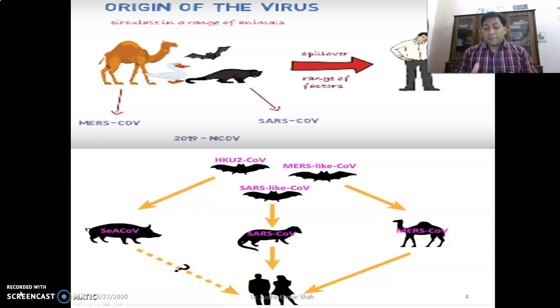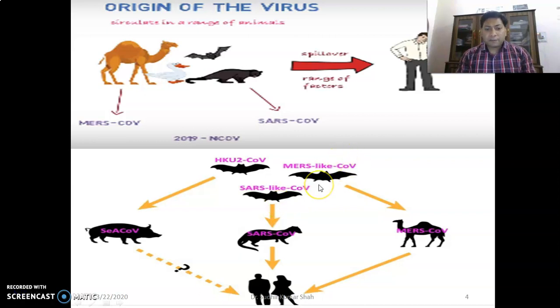Let's say, for example, MERS. MERS was transmitted from the camel. Similarly, the SARS outbreak is said to have been transmitted from civet cats to humans. And the animal reservoir for COVID-19 is not exactly known, but it is believed to be bats or snakes.